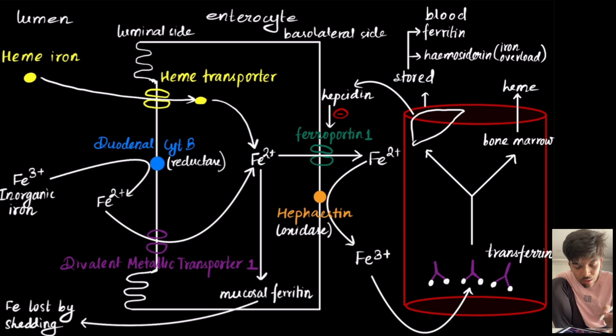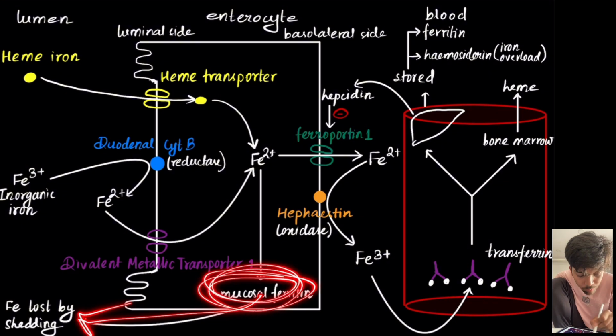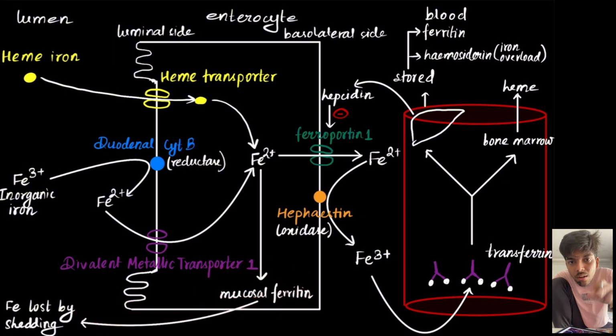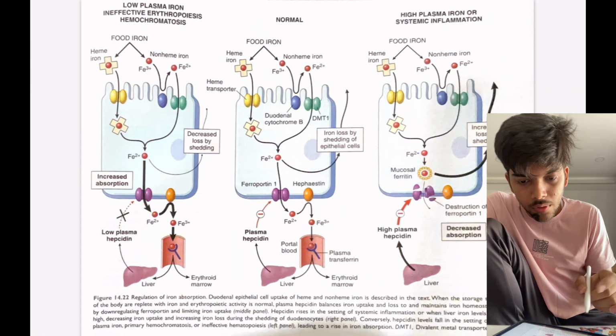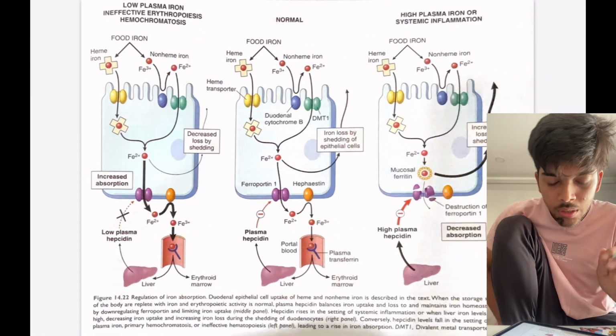Similarly, along with the inner lining, enterocytes also get shed. Along with the enterocyte, this iron or mucosal ferritin also gets shed and leaves your body. Okay. Final revision. So here's the diagram.